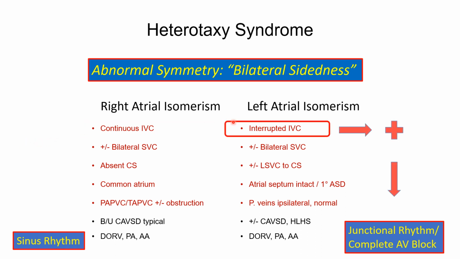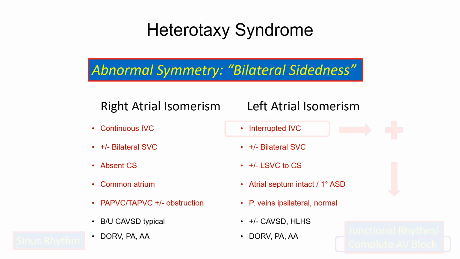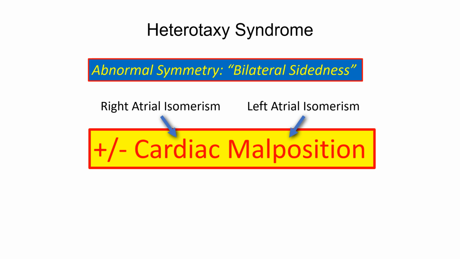And this interrupted IVC with the presence of complete heart block is absolutely an indicator that this fetus most likely has left atrial isomerism. So with both right atrial isomerism and left atrial isomerism, cardiac malposition can be present.